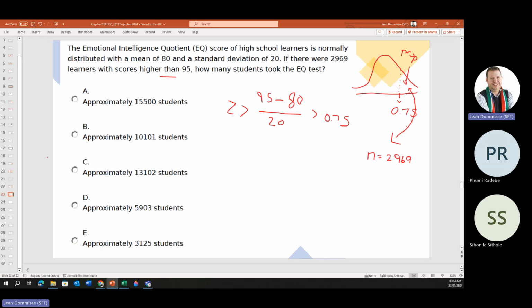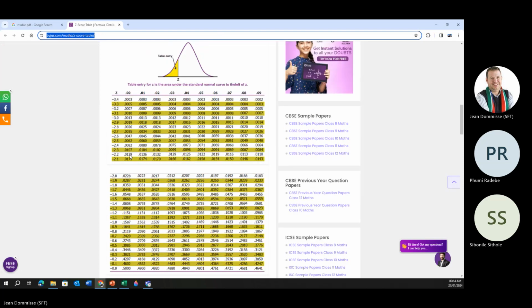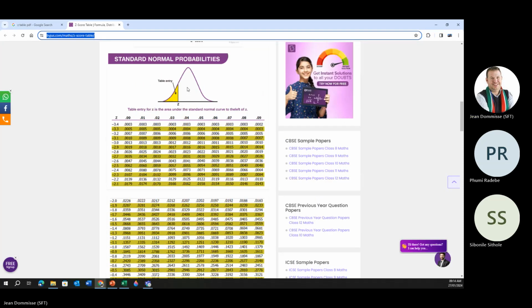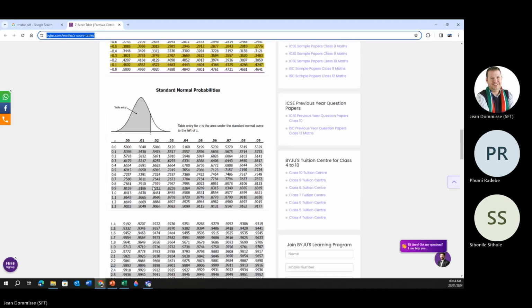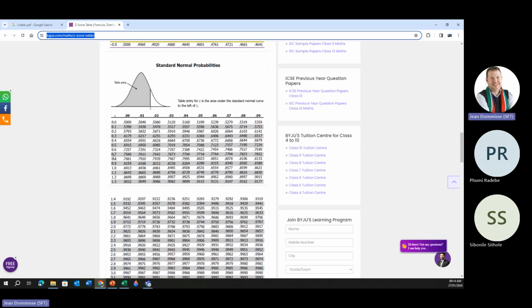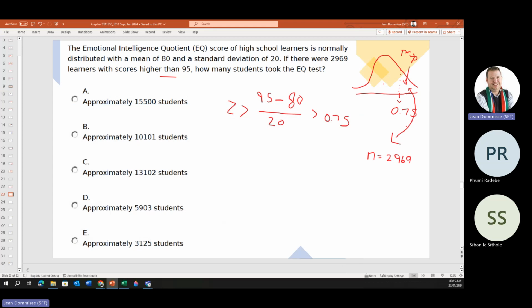So Z is 0.75, so let's go to that table again. For 0.75 we get 0.7734. So this area is 0.7734.